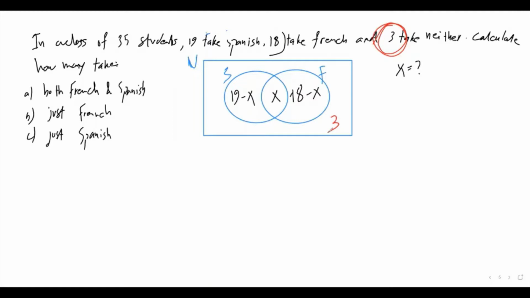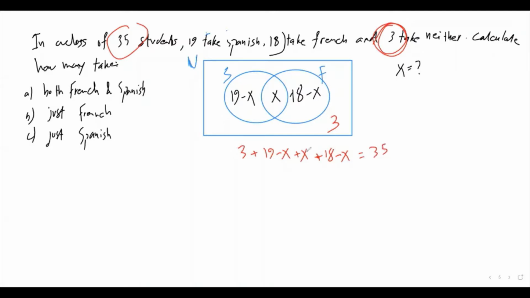And now I know the total number of students in this class, which is 35. So if I add everyone inside this rectangle, meaning 3 plus 19 minus x plus x plus 18 minus x, everything should give me 35, right?